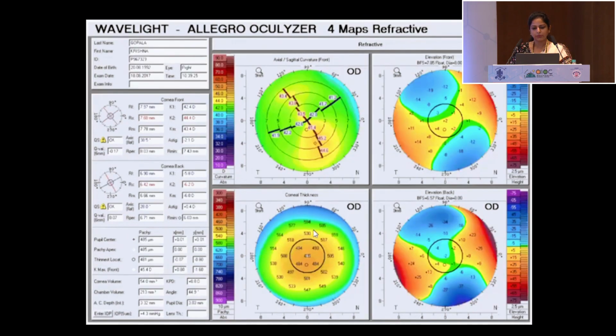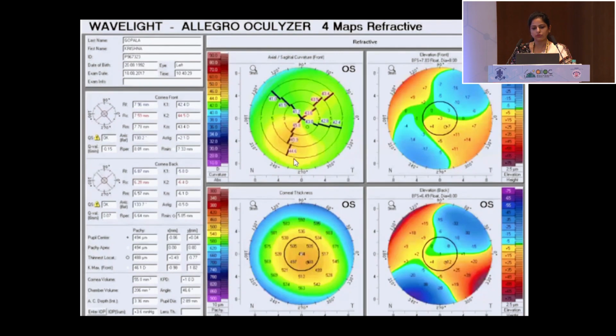The other example is that here you can see there is some sort of inferior steepening present and thinning is also present. So here would you go ahead and do a refractive procedure? Definitely no, because the cornea is way below, less than 500 microns, and inferior steepening is present. Then you see the other eye as well. Then what do you do? You compare it with the other eye.